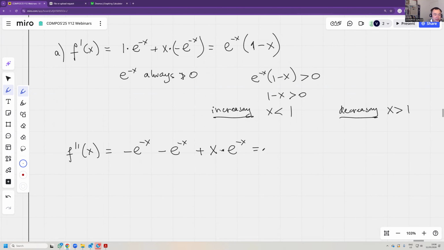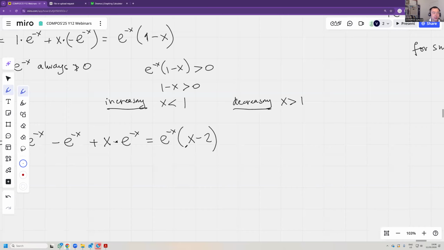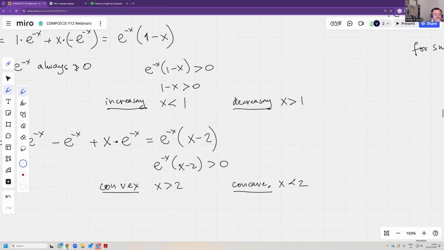Yes. So that is e to the power minus x, x minus 2. And then you can see when it is greater than 0. So x is greater than 2, and it is convex when x is greater than 2, concave when x is less than 2. Okay.